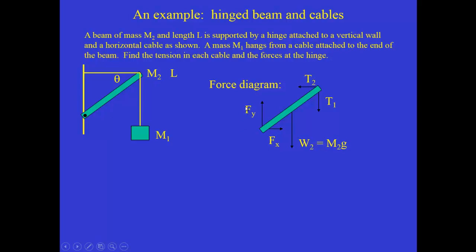Others use different symbols, but I will just call them Fx and Fy. And so these are two of the unknowns. So the unknowns in this problem are Fy, Fx, T2, and T1. And using the conditions for translational and rotational equilibrium, we should be able to solve for all these forces.